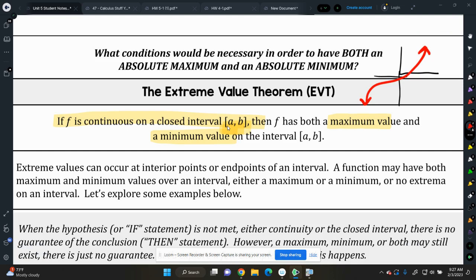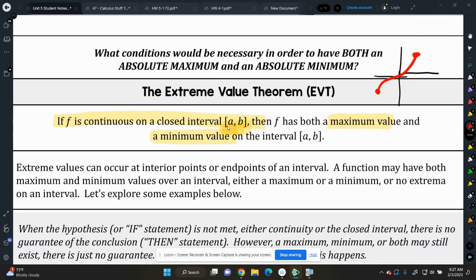This graph is continuing, so I do not have an absolute maximum or minimum. Whereas if it was a closed interval, then that means I have endpoints, so I definitely have a maximum and a minimum.